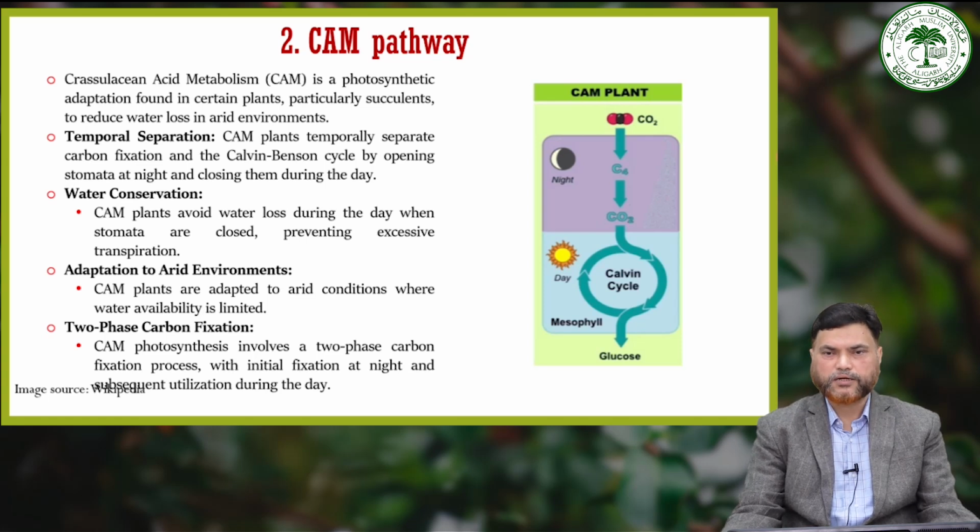Basically the name CAM is derived from the family Crassulaceae, where scientists initially identified this photosynthetic pathway. CAM plants, rather than segregating the light dependent reactions and the Calvin cycle spatially, they basically opt to separate these processes temporally.